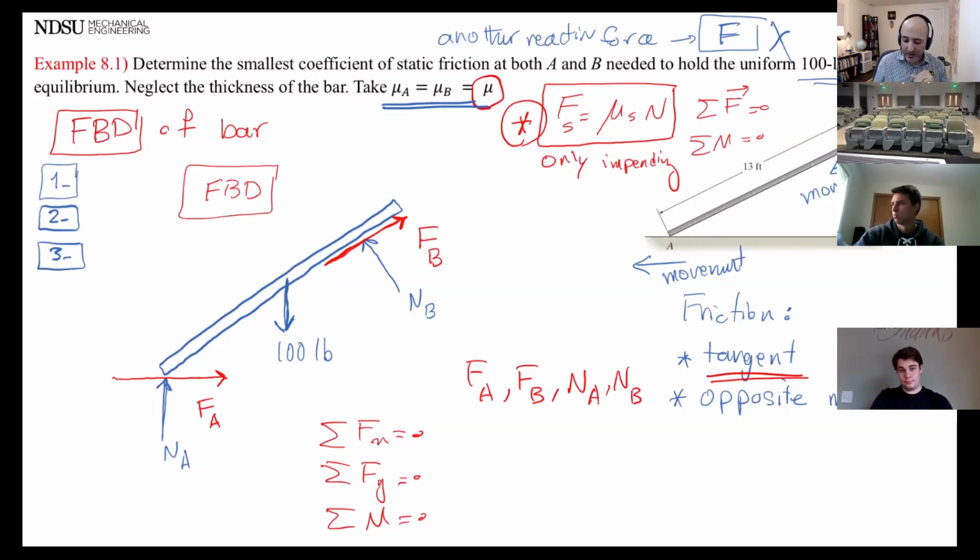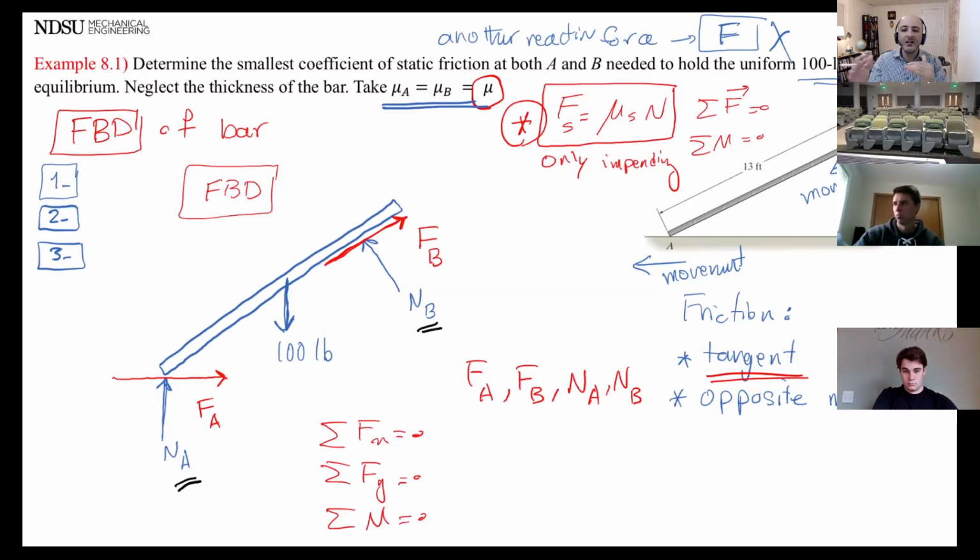Okay, so N_A and N_B are nothing new for us. It's something that we have been dealing with since chapter 3 or 4, when we introduced the smooth contact, right? Every time there is the bar sitting at point A or at point B, as someone said last lecture, it works as kind of a roller, right?